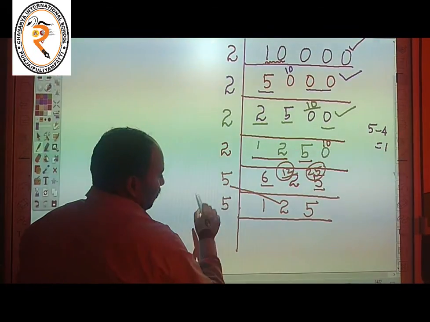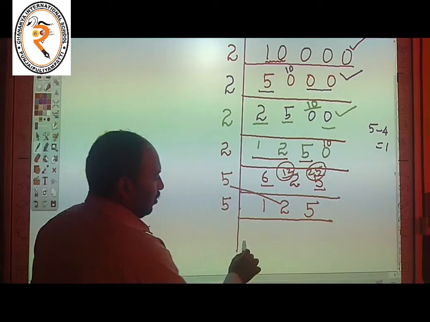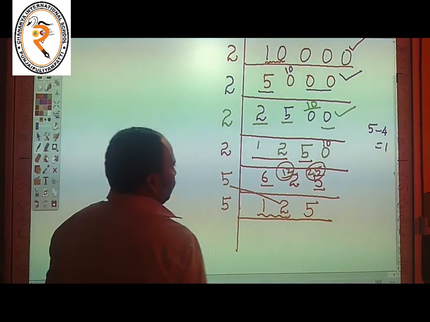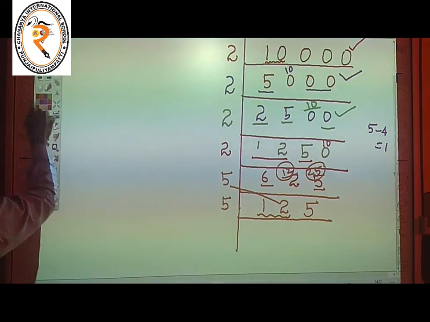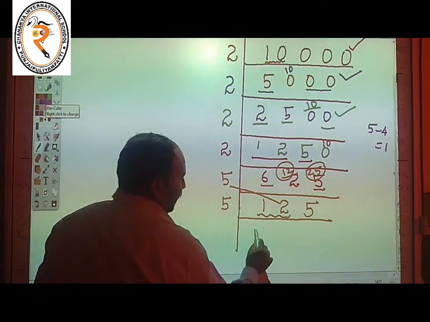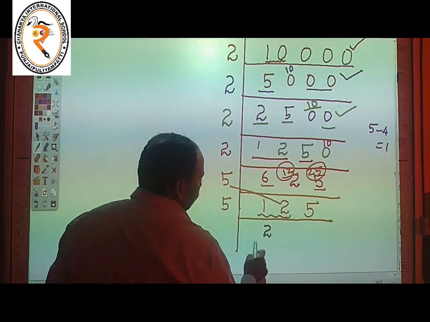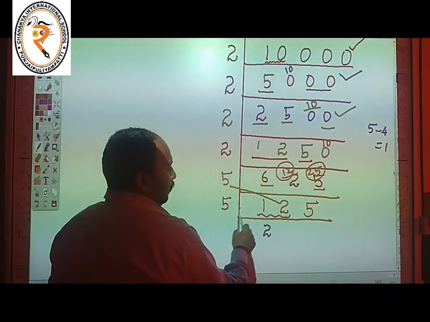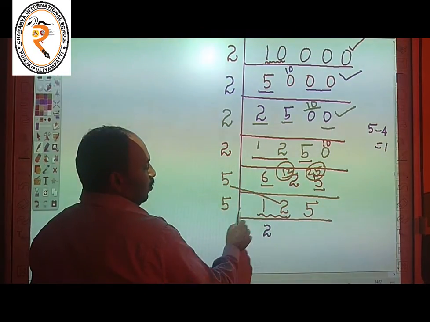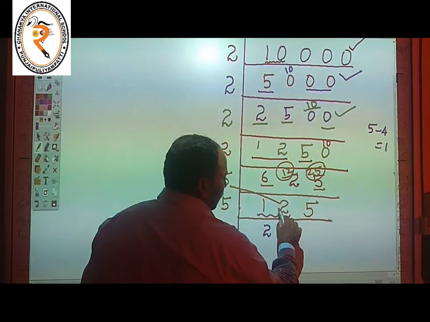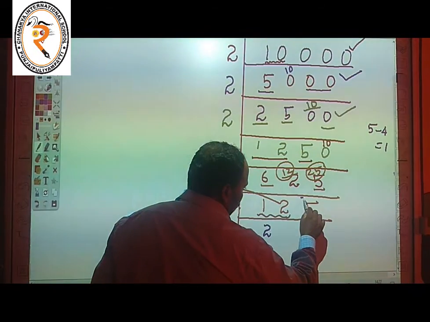Next one, the last digit is 5. Again we take the number 5. We take 2 digits, the number 12. How many times? 2 times. 2 fives are 10. 12 minus 10 is equal to 2.